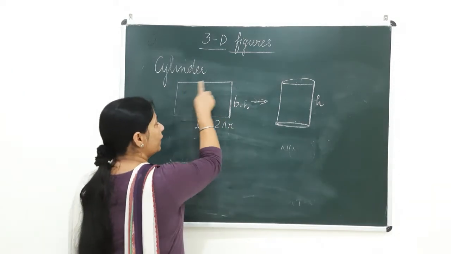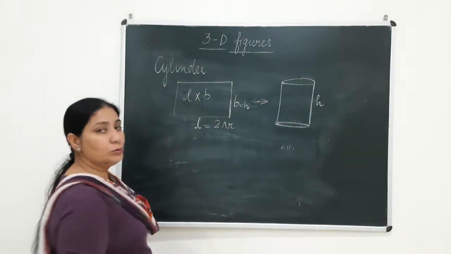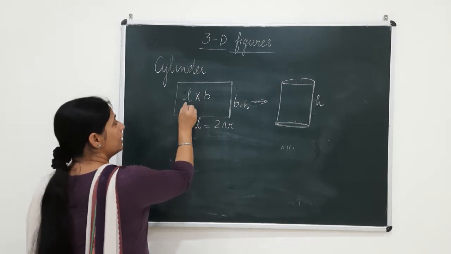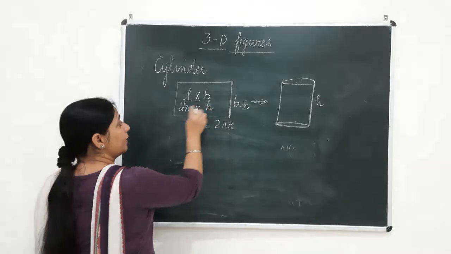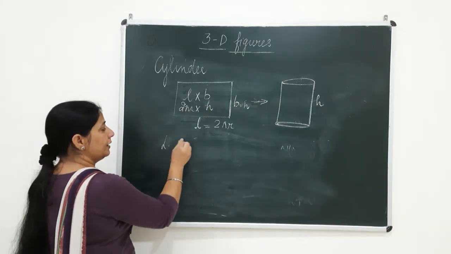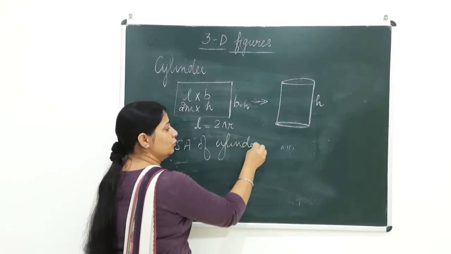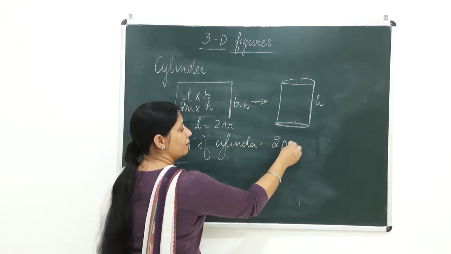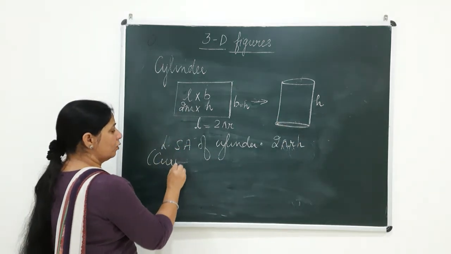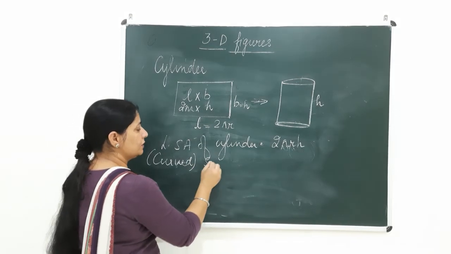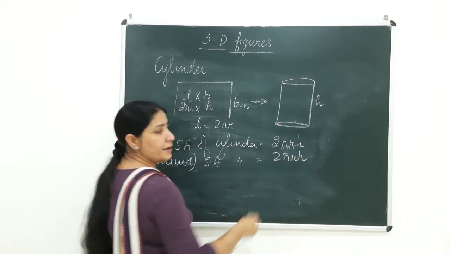When we have to find the area of this sheet, you know the length multiplied by breadth is equal to the area of the sheet. So length is 2 pi r and the breadth is h. When I multiply them, I get the lateral surface area of a cylinder equal to 2 pi r h. The curved part, the lateral surface area, or we can also say the curved surface area of the cylinder, is equal to 2 pi r h.